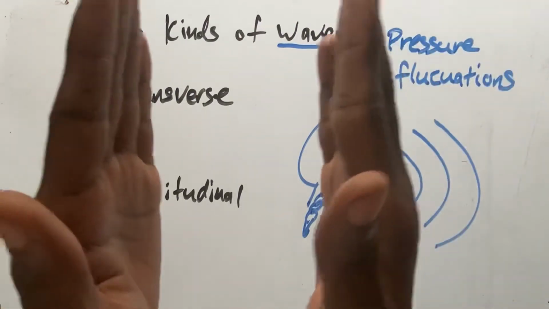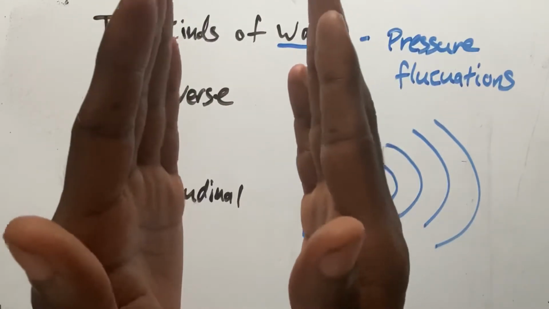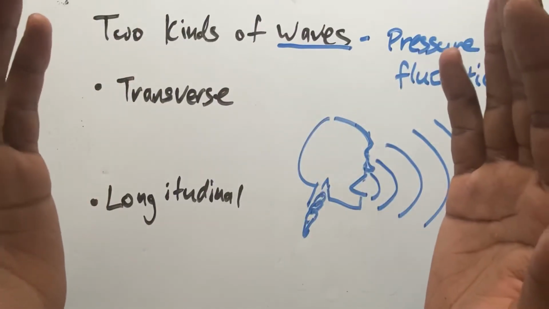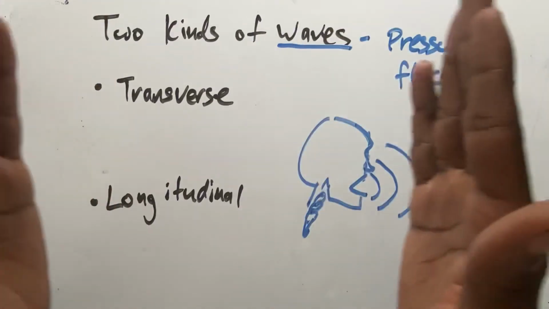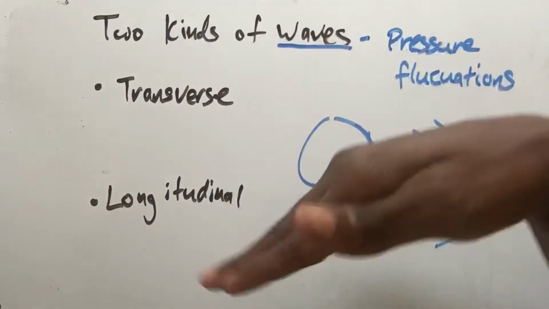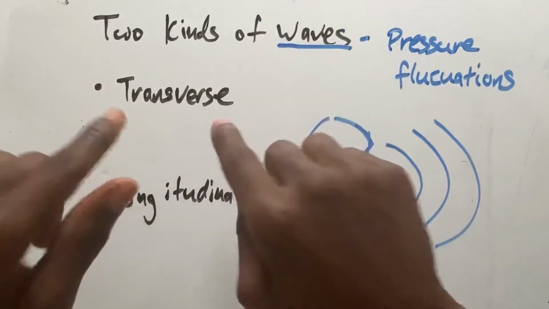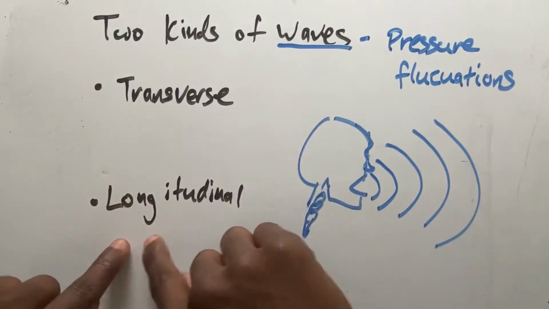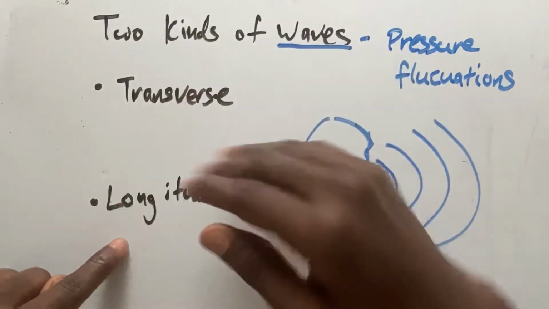Because as my hands get closer, the air pressure gets tighter and tighter, or greater. Then as my hands expand, the pressure decreases. So this is also a wave motion, if you think about it, because it goes in and out versus an up and down kind of wave. So this in and out kind of wave is what I mean by a transverse wave. A longitudinal wave is one that goes up and down like so.